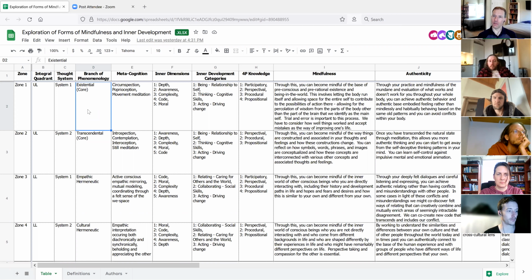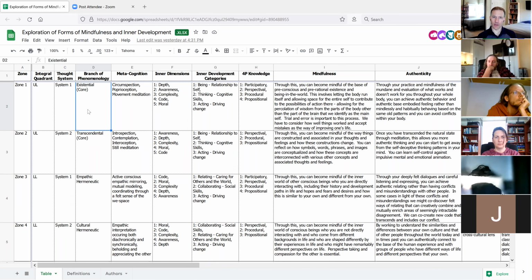I'm also seeing within Vervaeke's work, where he has the 4 P's of knowledge. At the ground, you have the participatory knowing. That's being able to know what it's like to actually do something in real time. And then you have the perspectival knowing. That's knowing what it's like to be there, to have a perspective on something.